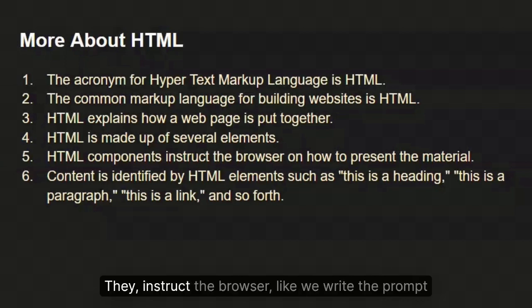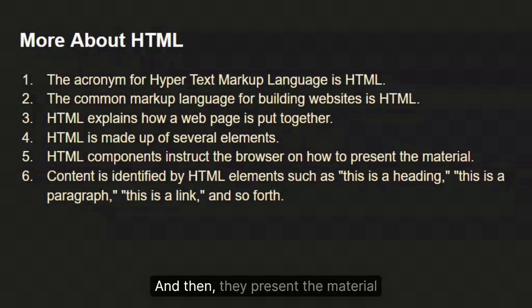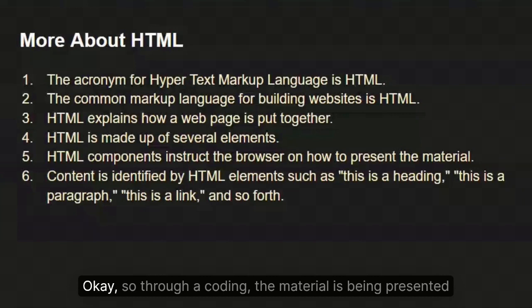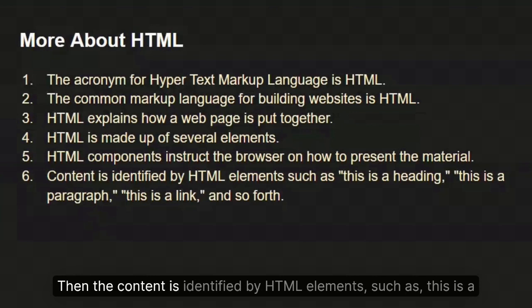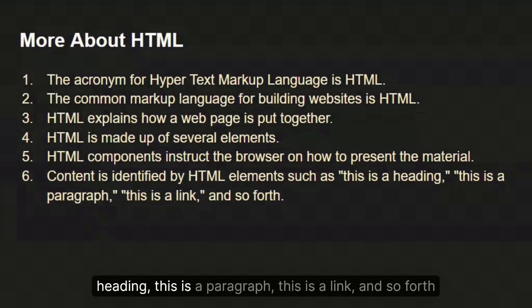They instruct the browser, like we write the prompts and then they present the material. So through coding, the material is being presented. Then the content is identified by HTML elements, such as this is a heading, this is a paragraph, this is a link, and so forth.